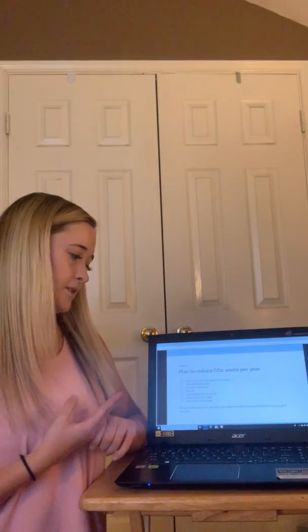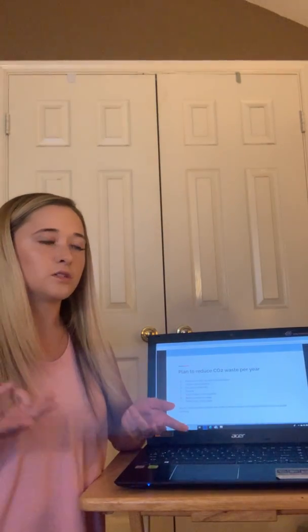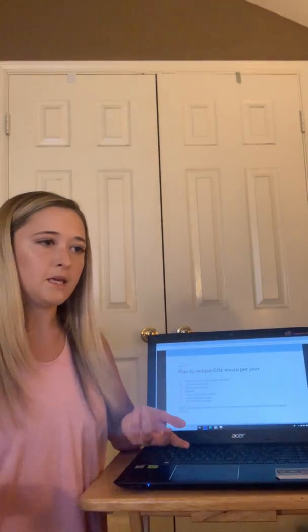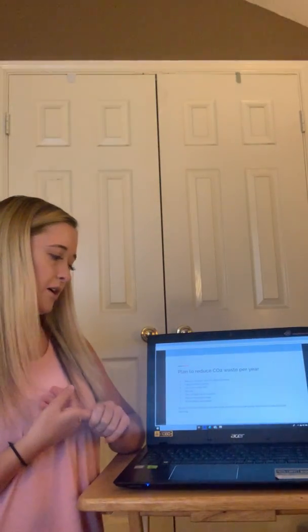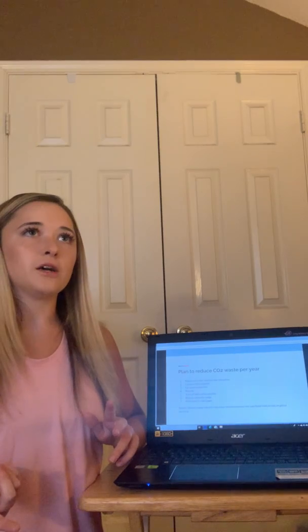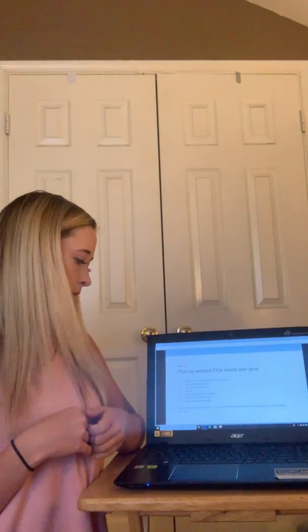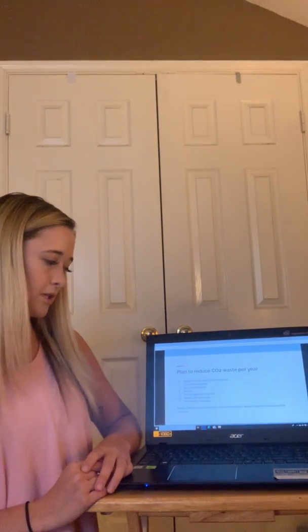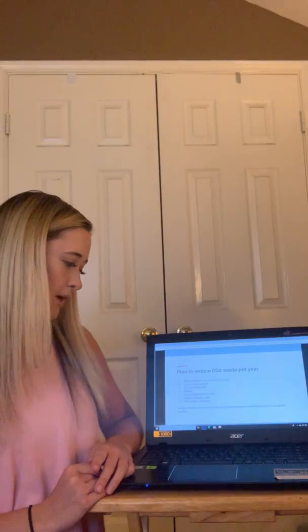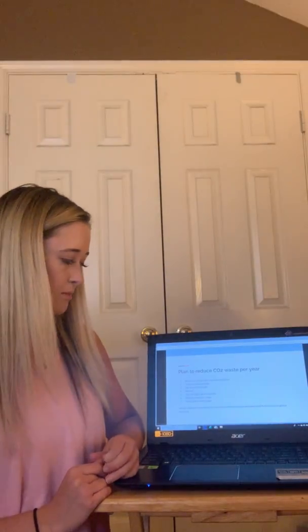Eat a low carbon diet, which includes things such as reducing meat intake. Recycling when possible. Turn off lights when possible. This is a simple and easy way to reduce carbon emissions. And then reduce computer usage and print double-sided pages when possible.